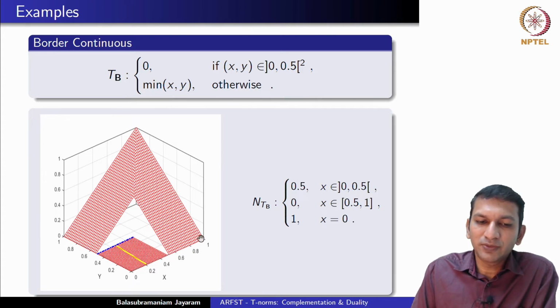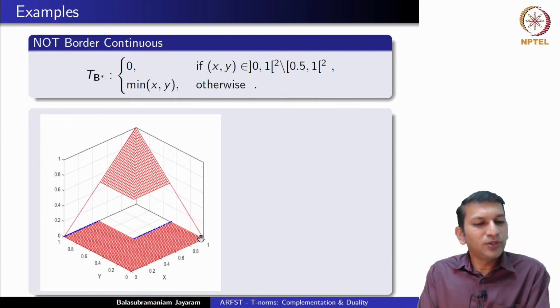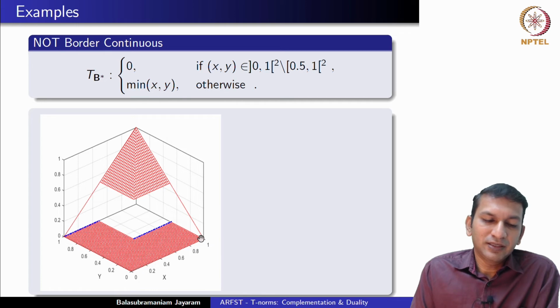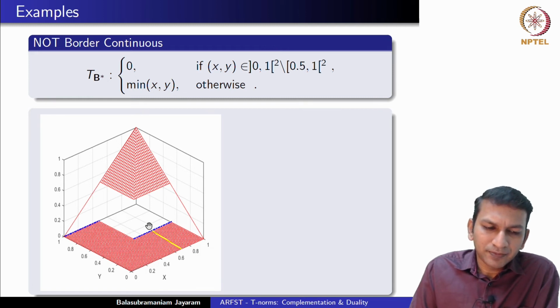Now let's look at this particular T-norm, which we have seen as neither left continuous nor border continuous, because at 1 it is not continuous. So now, if you take any point here, 0.7, it is clear you can only walk till this point, which is in our case 0.5.